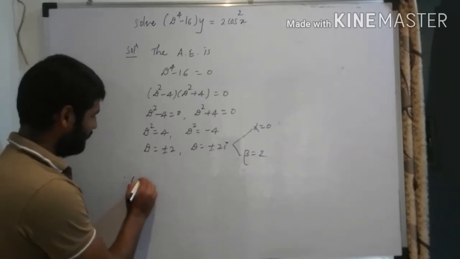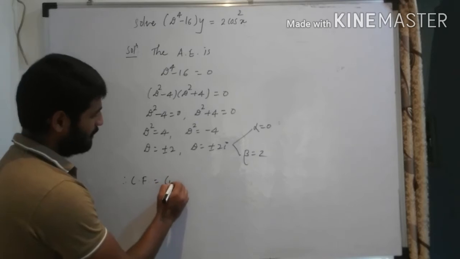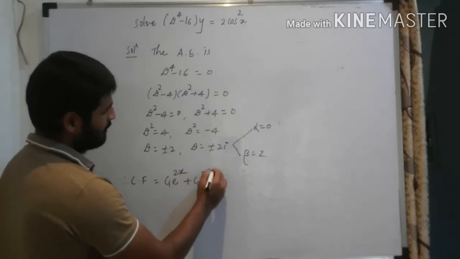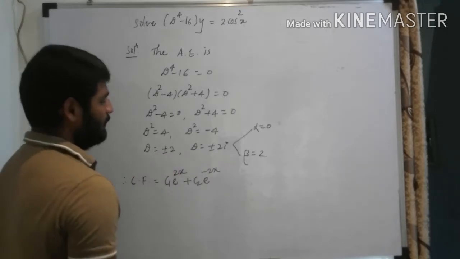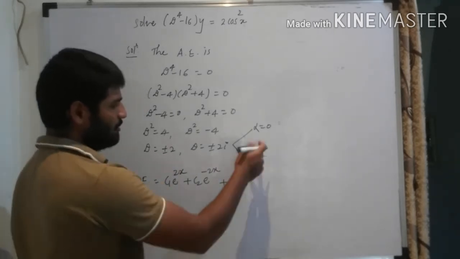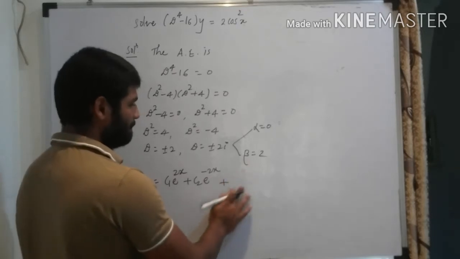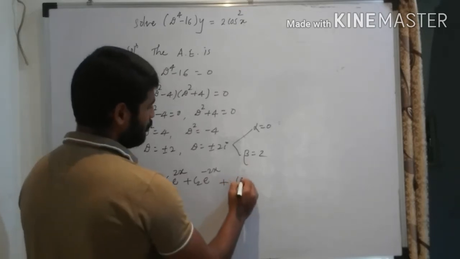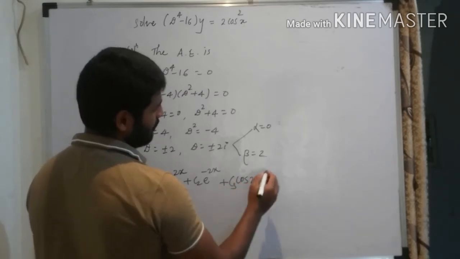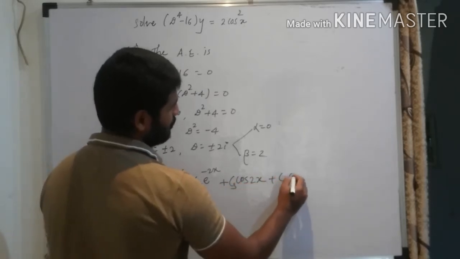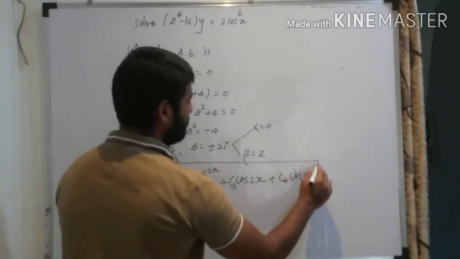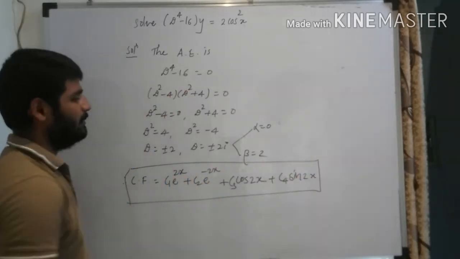So complementary function is c1 e raised to 2x, real root, plus c2 e raised to minus 2x, also a real root, plus e raised to 0x, since alpha is 0, and e raised to 0 is 1, so not necessary to write here, into c3 cos beta x, beta is 2, plus c4 sin beta x, beta is 2. So this is your required complementary function.